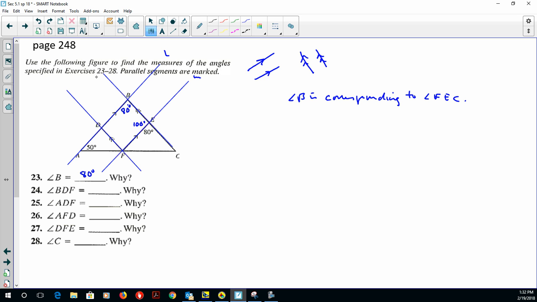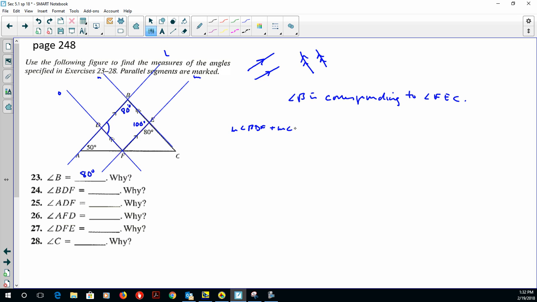And this angle here is 80, and these two angles are interior angles on the same side of this transversal, so they have to be supplementary. So BDF and angle B have to add up to 180 degrees, so this one has to be 100 degrees.